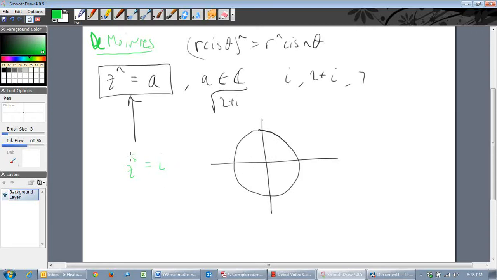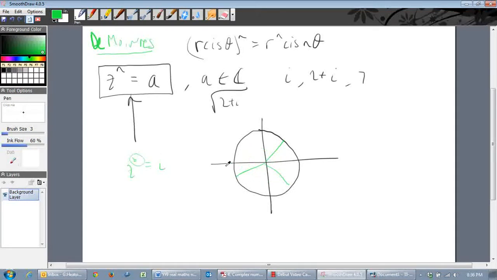What will happen if it's cubed? It means all of your roots will be divided up equally around here. So you get one there, maybe one there, and maybe one there. That's not very equal, is it? In fact, it's terrible. But my main point is that they'll all be divided up by an equal angle all the way around. So it'll divide the Argand diagram into 3 equal pieces.